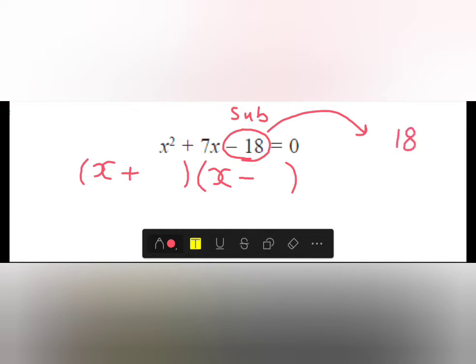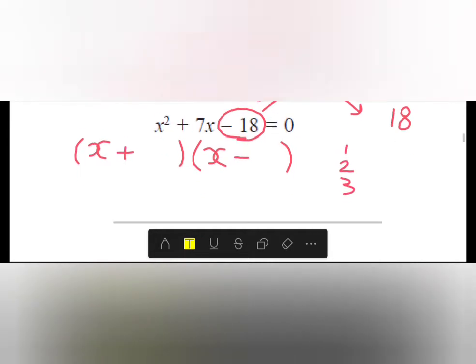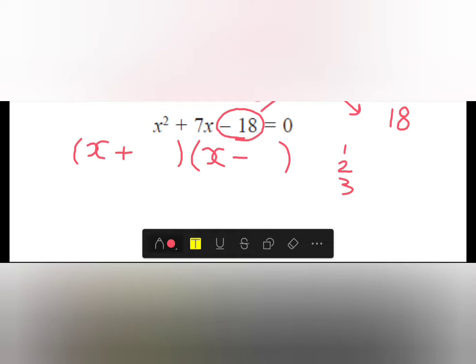18. We're going to factorize it by using the method that I told you, the numbers next to each other, with the multiply sign between them. And then we take the number and divide it by these numbers. So 18 divide 1 equals 18. Very good. And then 18 divide 2 equals 9.